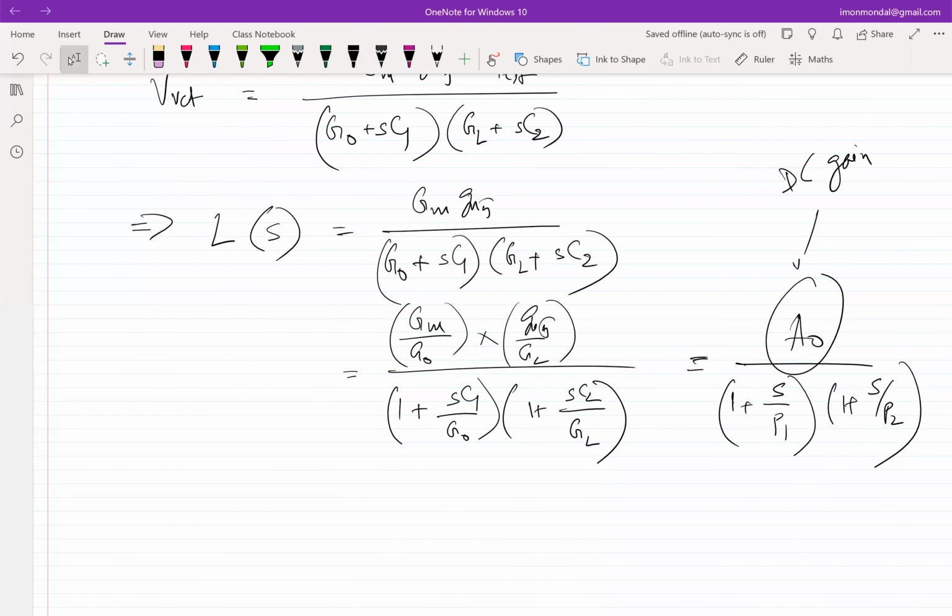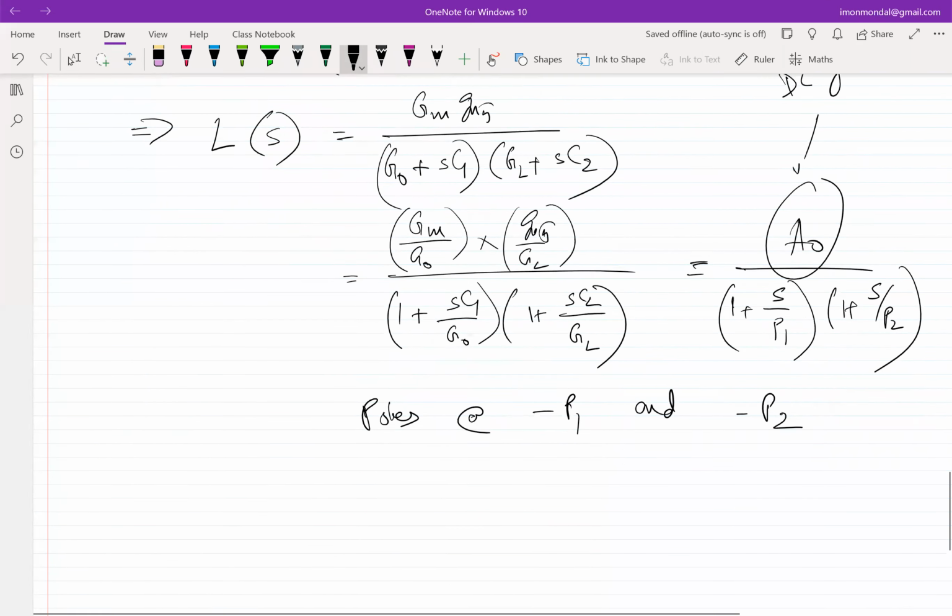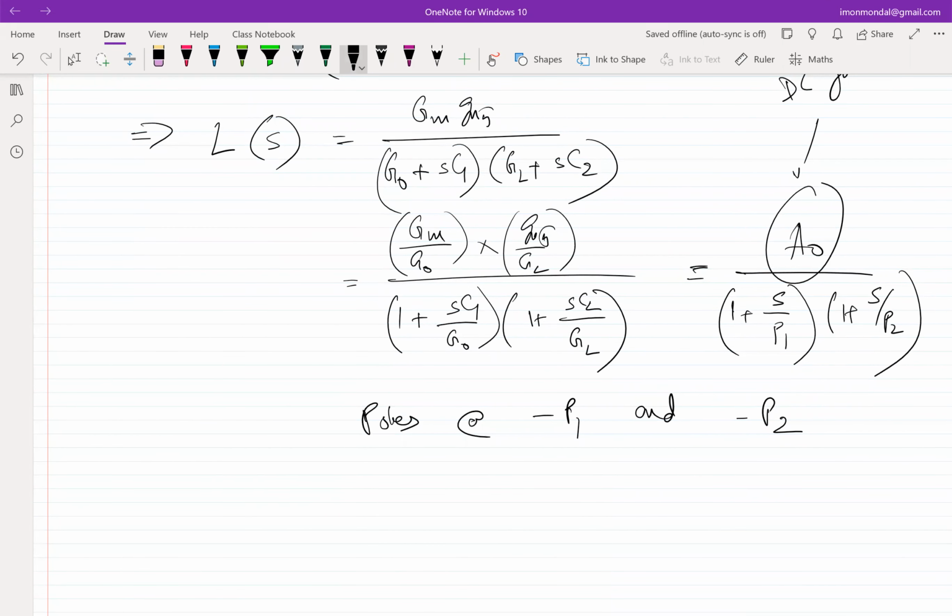And what do you refer to P1 and P2 as? Poles, right? So this has two poles, at minus P1 and minus P2. Where in this case, P1 is equal to G0 by C1, and P2 is GL by C2, I think, right?